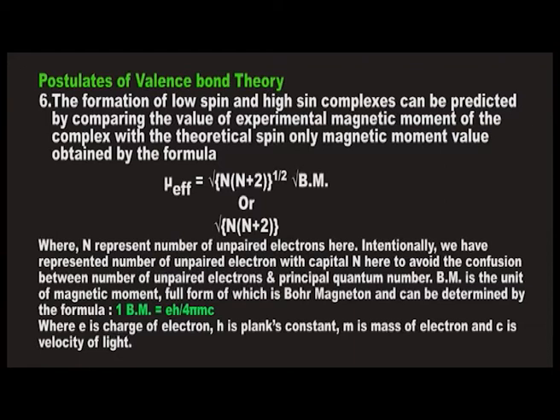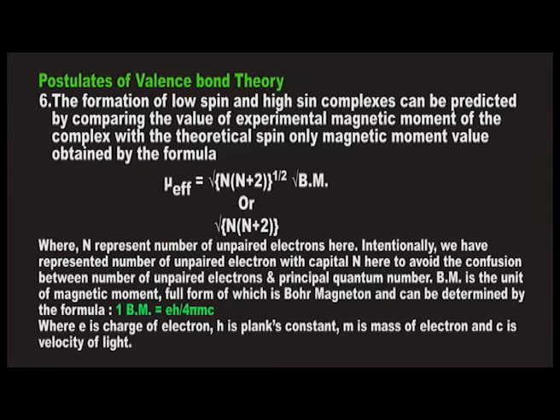The formation of low spin and high spin complexes can be predicted by comparing the experimental magnetic moment of the complex with the theoretical spin only magnetic moment obtained by the formula mu effective is equal to root under N into N plus 2 Bohr magneton, where N is the number of unpaired electrons.